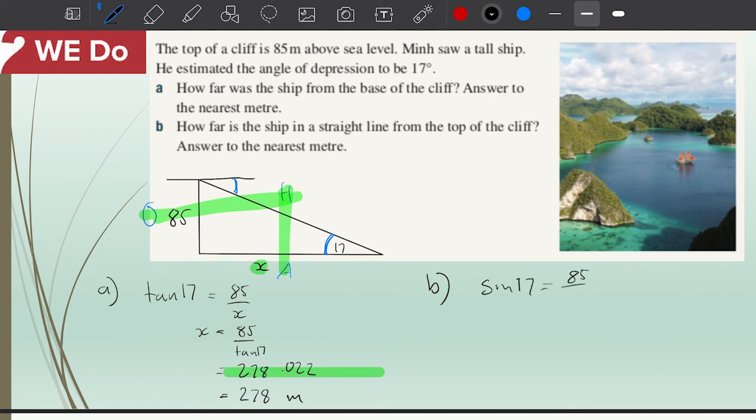Again, we've got the opposite on top and the h on the bottom. So remember, we just swap everything around. That one goes in the calculator. And it comes out to 290.7258, or to the nearest meter, 291.